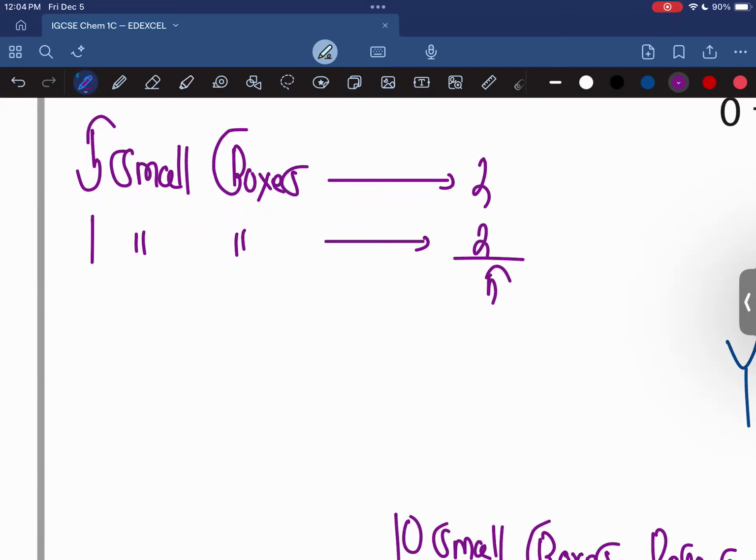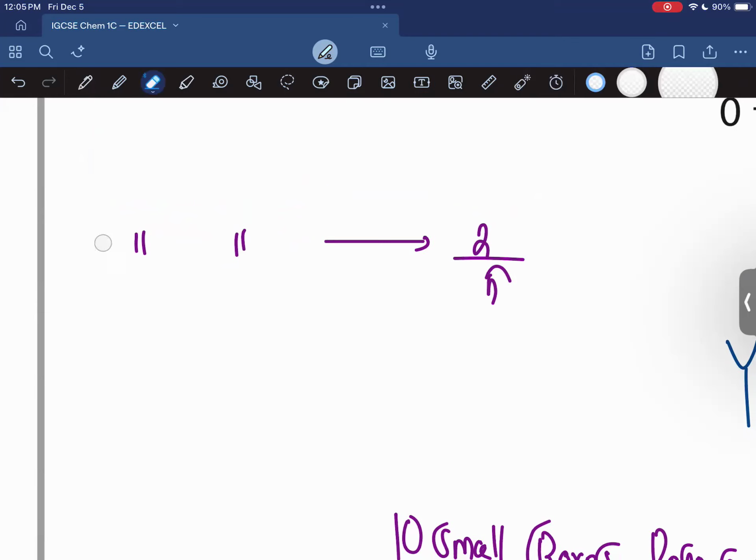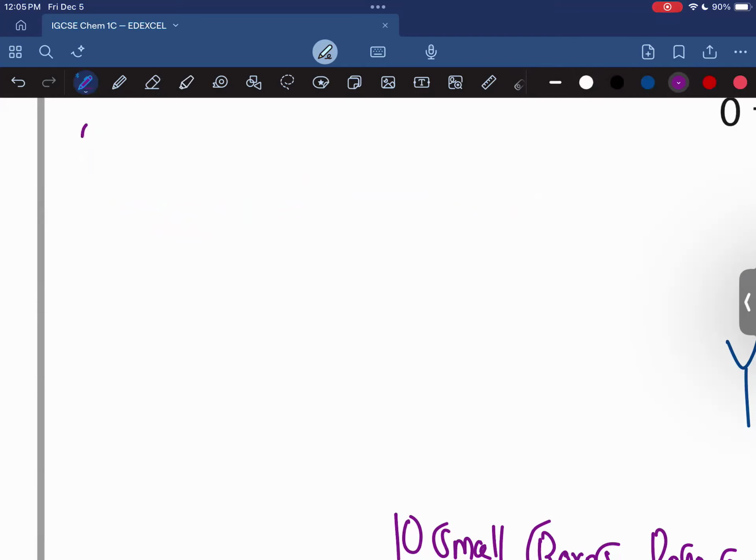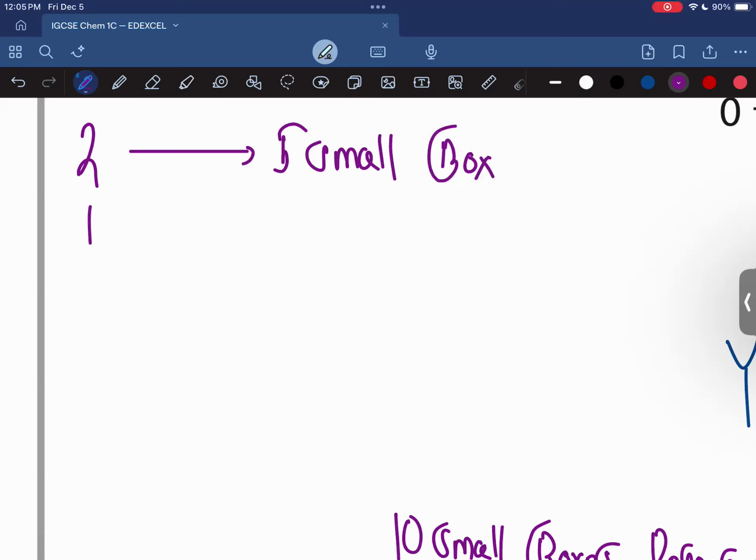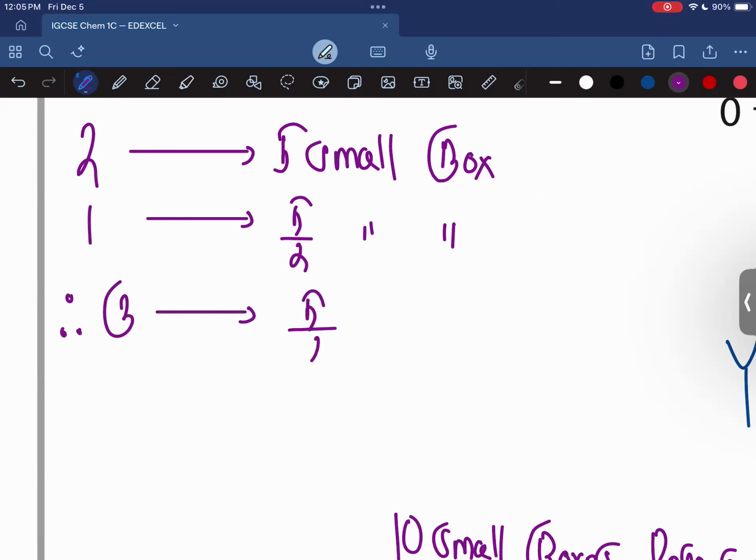Okay, we're going to have to shift this a bit. So 2 is being represented by what? 5 small boxes. 1 is then being represented by 5 by 2 small boxes. Therefore, a value of 3 should be represented by what? 5 by 2 times 3 small boxes.